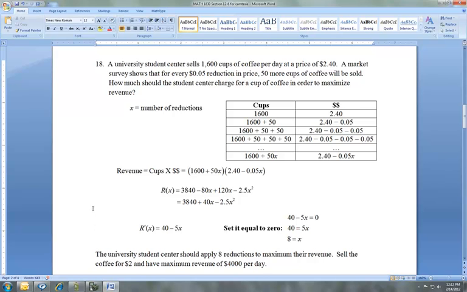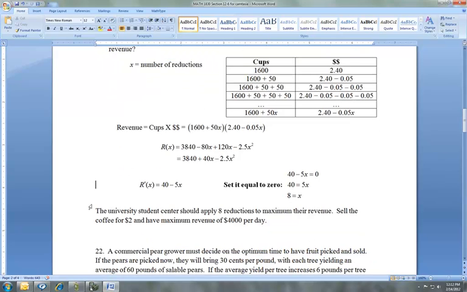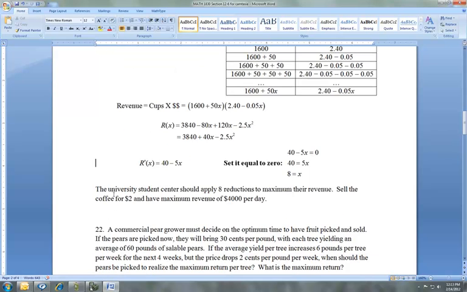Okay? Let's see another problem. Now we have cups of coffee up here. In problem 22, I've got a commercial pear grower. Must decide on the optimum time to have fruit picked and sold. If the pears are picked now, they will bring 30 cents per pound, with each tree yielding an average of 60 pounds of saleable pears.